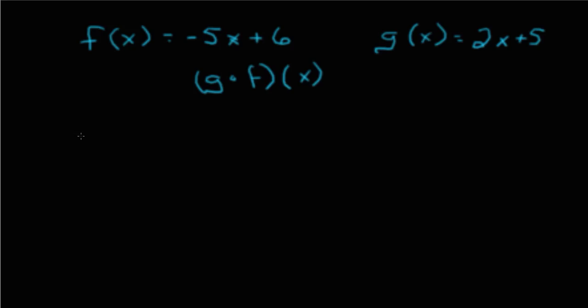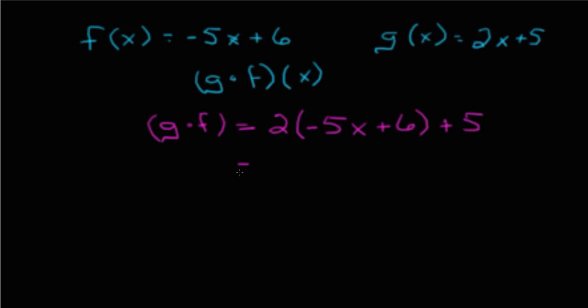So just like we demonstrated before here, we'll start with our g, and we'll write out our function of g of x, and everywhere there's an x, we'll substitute f of x. So g composition f equals 2 times negative 5x plus 6, plus 5.